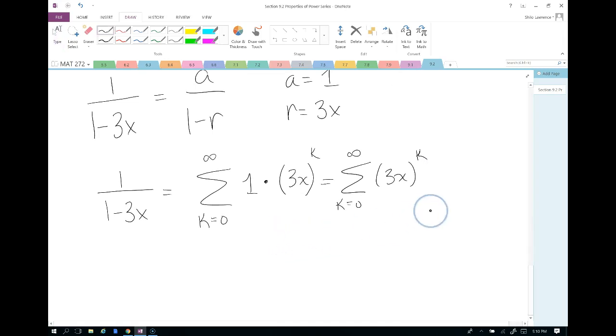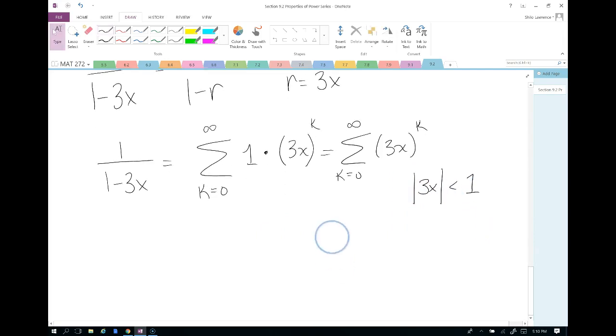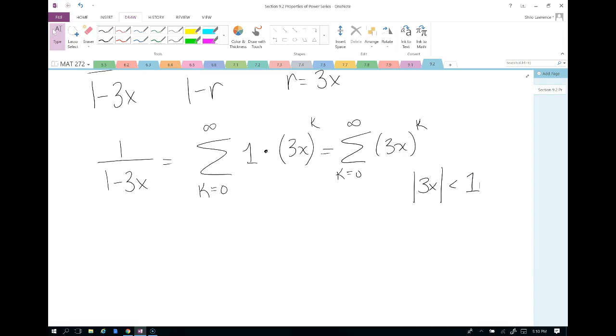And if we wanted the interval of convergence for that function, we would have to say, well, the r value must be less than 1. That's the rule for geometric series. We want x to be all by itself in this inequality because I want to identify what x values I'm allowed to use. So we'll divide that 3 over. That's not going to affect the absolute values there.